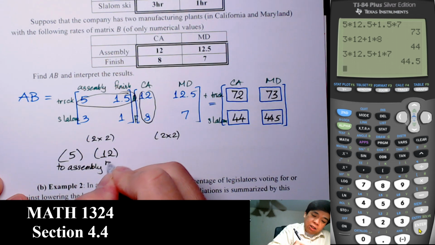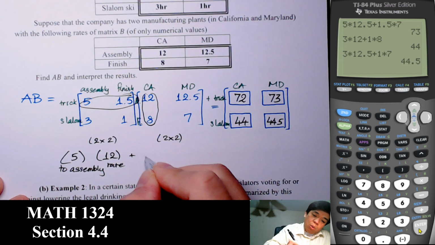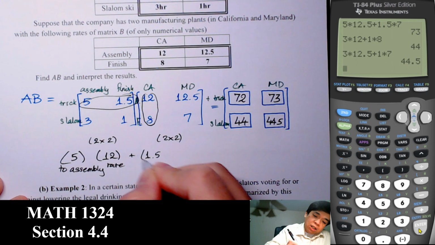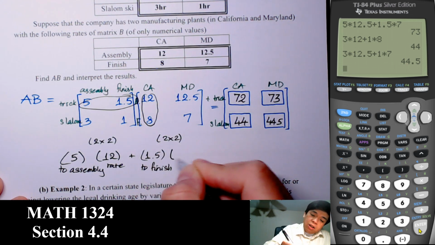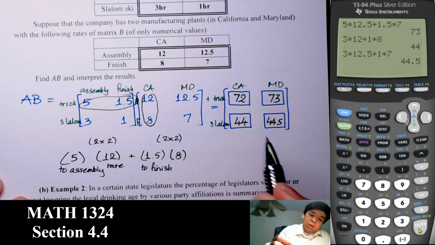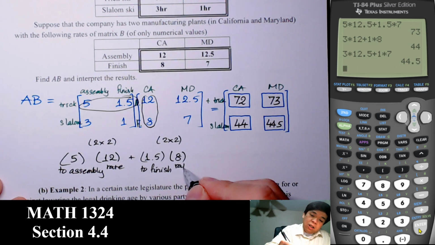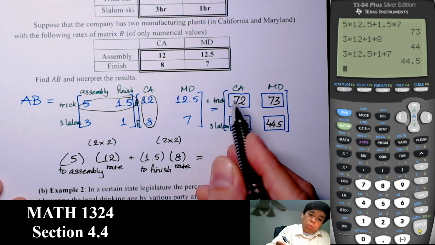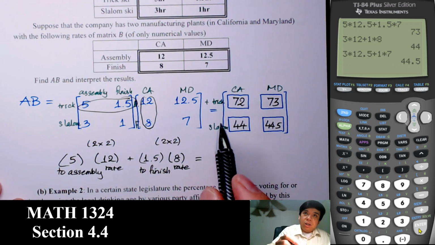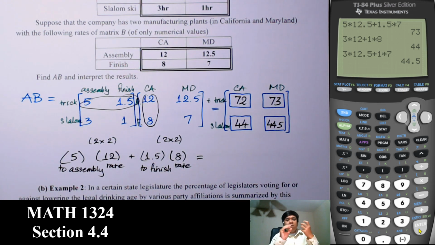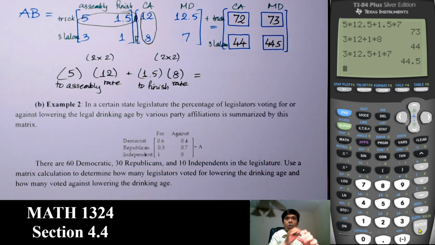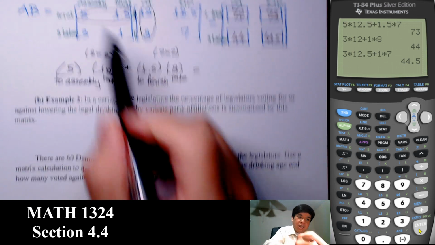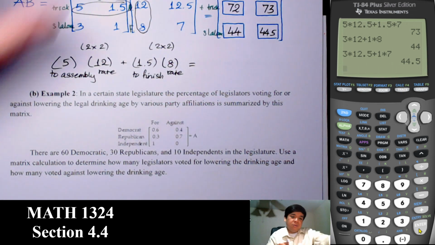That's the rate, and then plus 1.5 hours to finish, and the rate is 8. So that gives us the cost to produce a Twix key in California. Right, so of course, like I said, if you multiply the other way around, it will not make sense. This has to match with this.